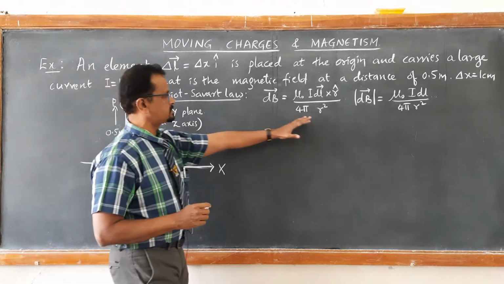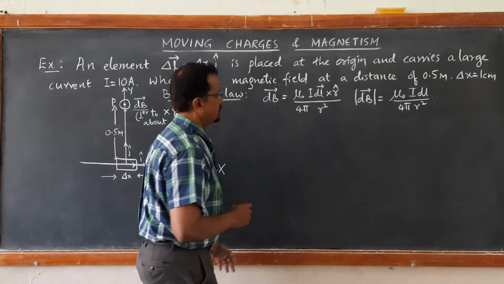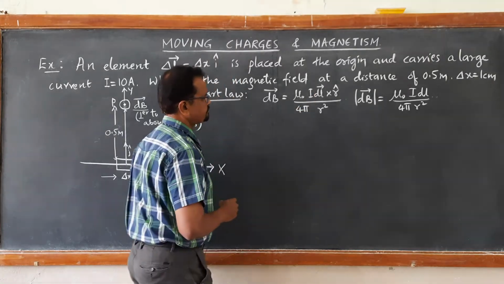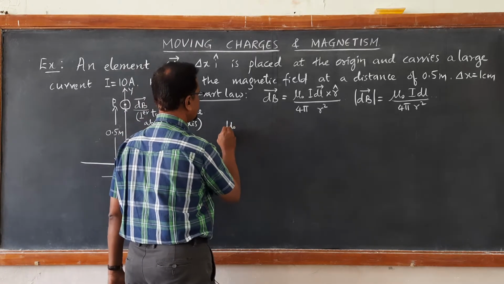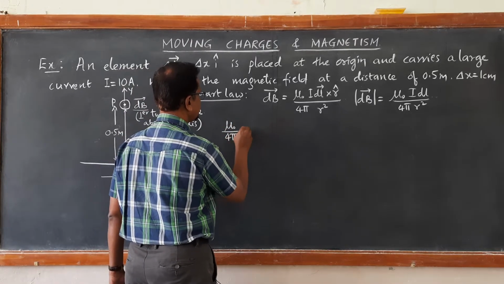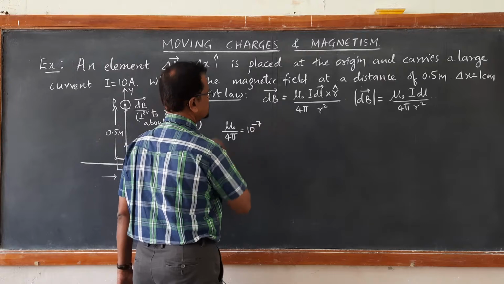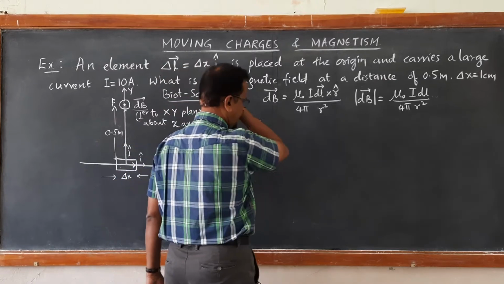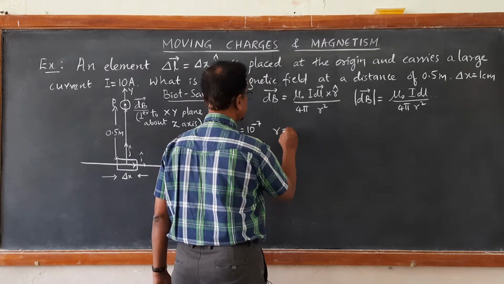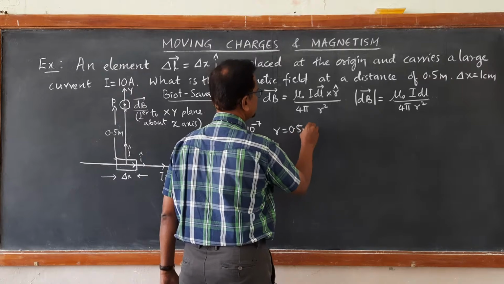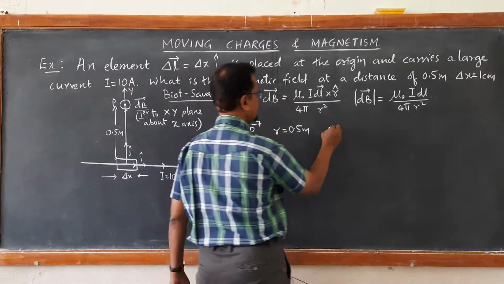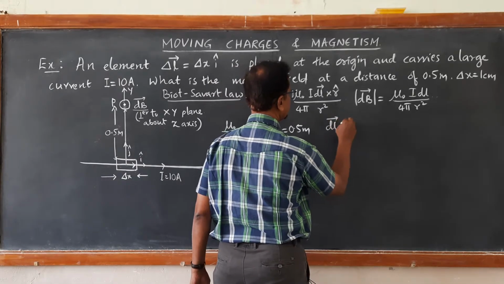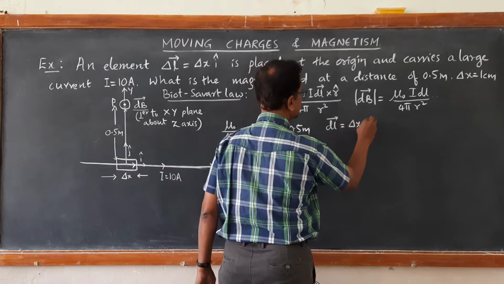Now, let us substitute the values, dl cross r. Mu naught by 4 pi we know already: mu naught by 4 pi is 10 to the power minus 7, right. And r is given, r is 0.5 meter, and dl vector is equal to delta x I cap, which is given.